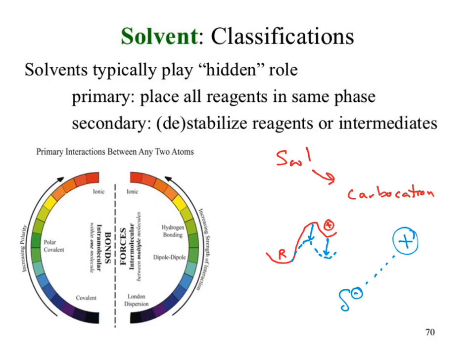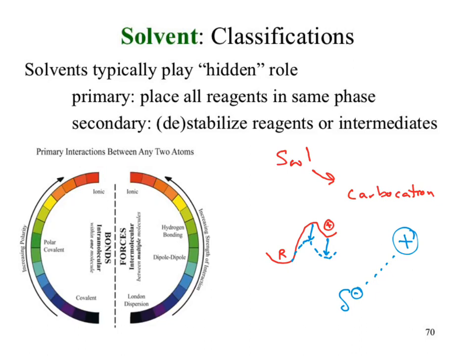In the case of the carbocation, I want the largest partial negative. Where do I get the largest partial negative? From a nonpolar solvent? No. I want a polar solvent, but I want the largest partial negative. What's going to generate the largest difference in charge? A hydrogen bonding solvent, that's a protic solvent.